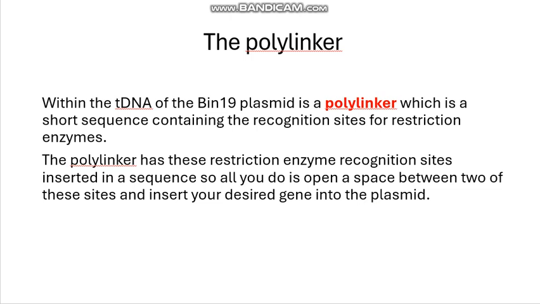So we have a polylinker within the tDNA of the Bin19 plasmid, which is a short sequence of DNA containing the recognition sites for restriction enzymes. The polylinker has these restriction enzyme recognition sites in a sequence, so all we have to do is open up a space between two of these sites and insert our desired gene product.